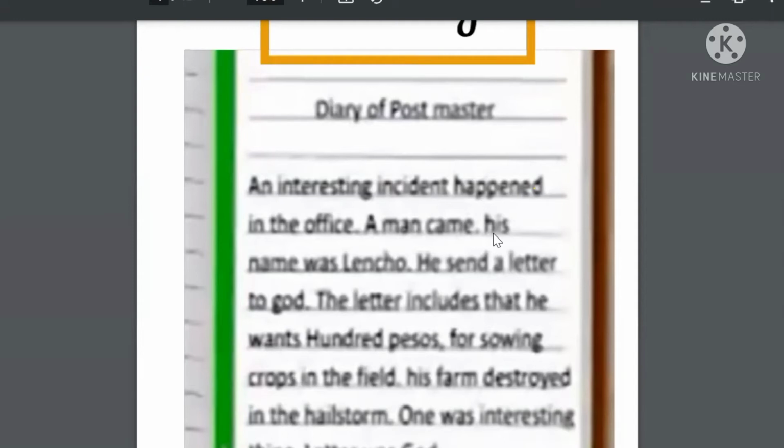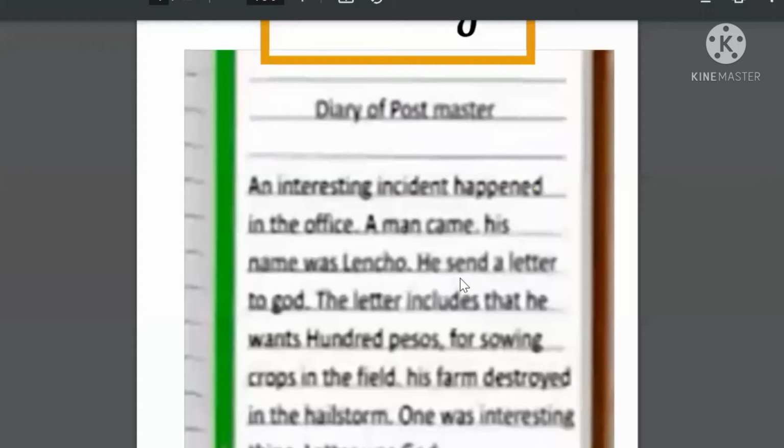So we should write capital H. So, His name was Lancho. Then here what is written? He sent a letter to God.